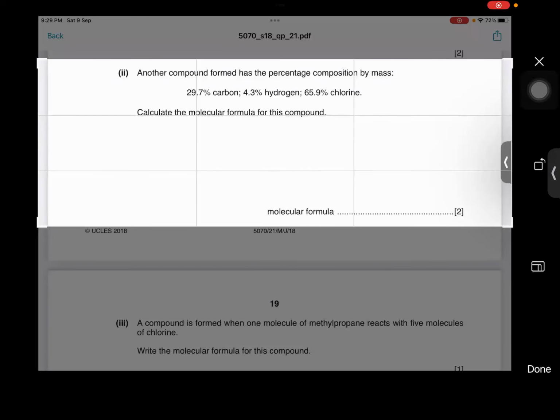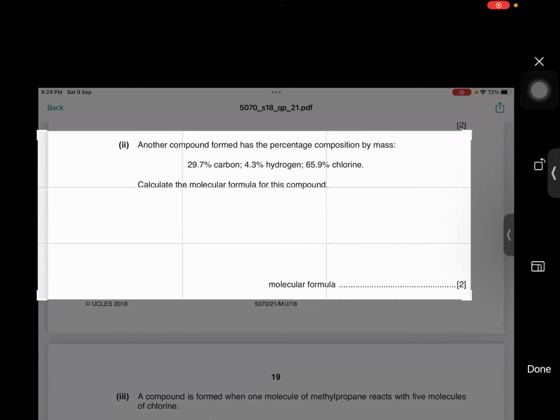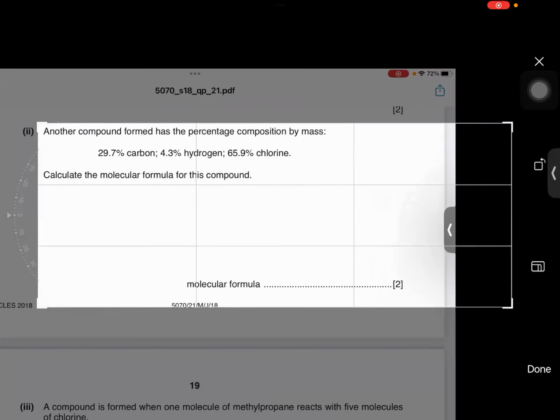Yes, this is the question. Percentages are given.